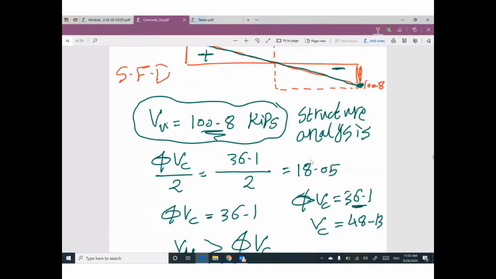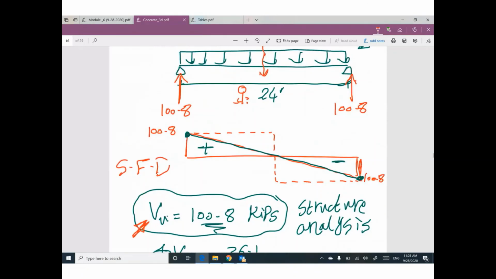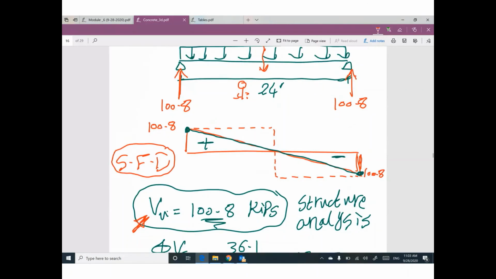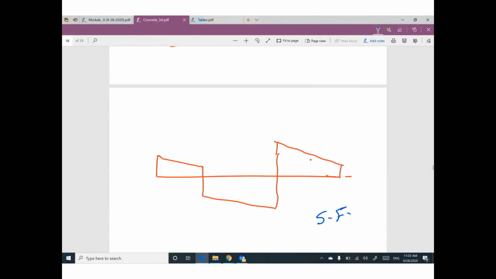Okay, actually, to figure out the ultimate shear, you have to draw the shear force diagram. Sometimes you have a shear force diagram like this, for any reason. So once you draw your shear force diagram, go ahead and search for the maximum value.